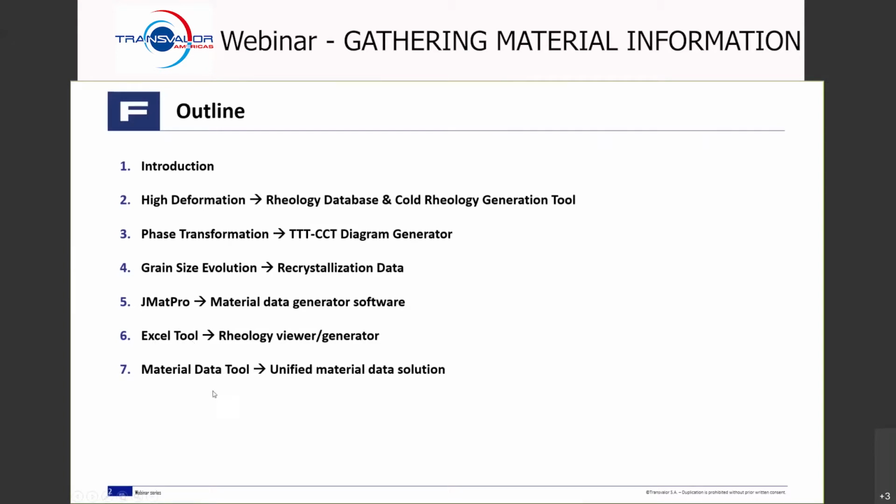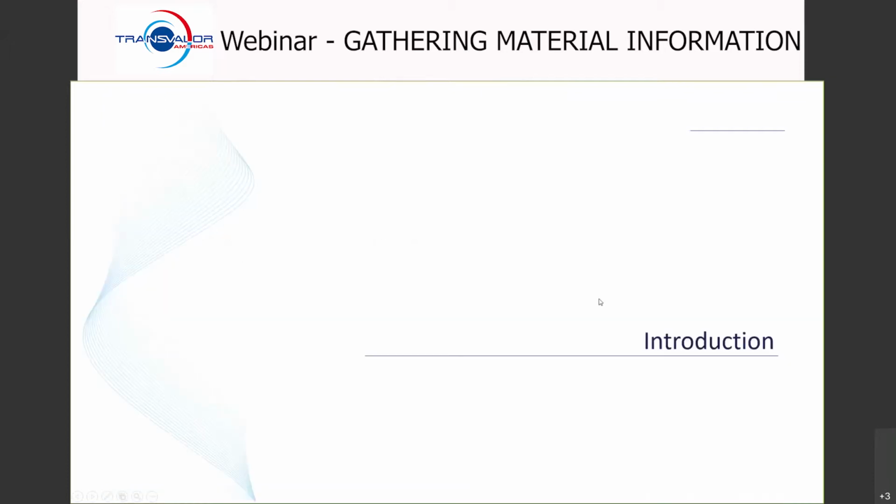And then we will give an introduction to a final tool that we are going to introduce in the near future that aims to unify all the material data in a unique place. Let's start with the different simulations and the material data we need for each type.